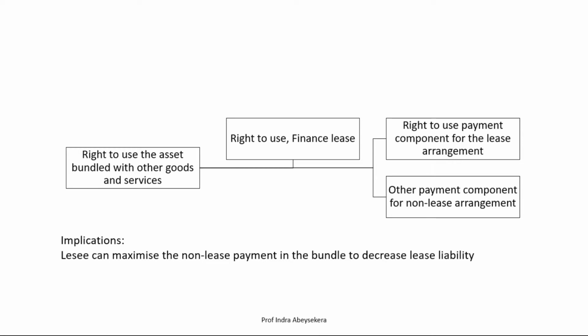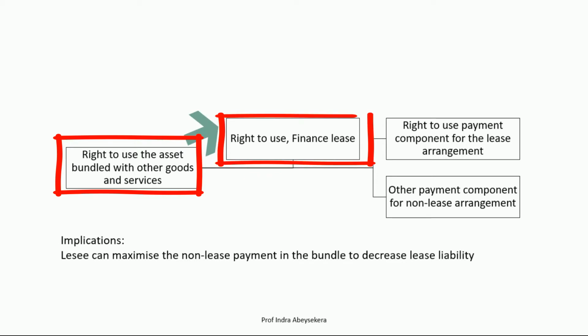When a lessee obtains the right to use an asset, it could be bundled with other goods and services. The fact that there is a right to use an asset will give rise to a leasing arrangement and by default a finance lease arrangement.